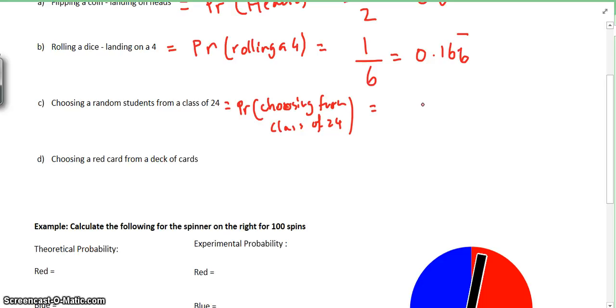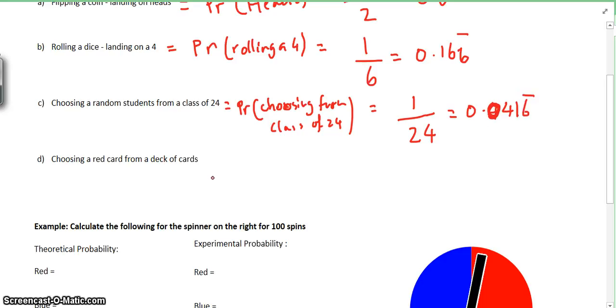Well, there's 24 students in the class. And how many students do we actually want to pick? 1 out of a possible 24. And so 1 divided by 24 equates to 0.0416 recurring.